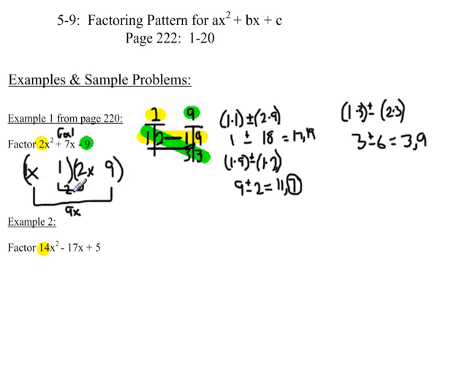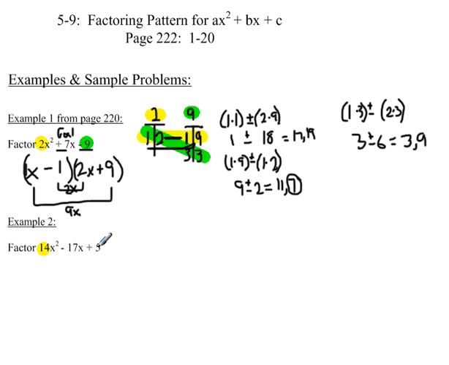This is 2x. And I'm trying to get to a positive 7x. Meaning my 2x needs to be negative, my 9x needs to be positive, and my middle term is achieved there. And my last sign is negative. So negative 1 times 9 gives me a negative 9. So your answer is x minus 1 times 2x plus 9.